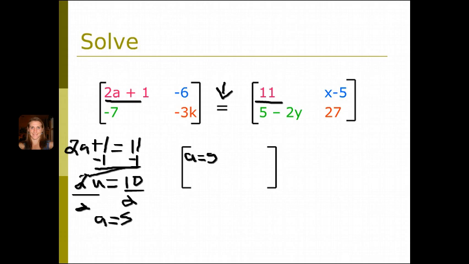Again, you would go through the same process with each one. So if we were going to look at our blue values, -6 equals x minus 5. So let's do that up top. -6 equals x minus 5.